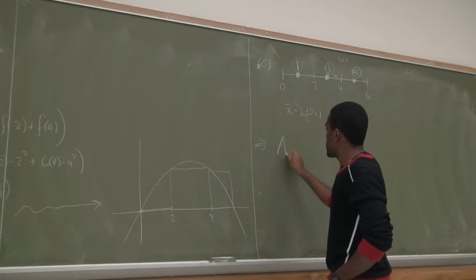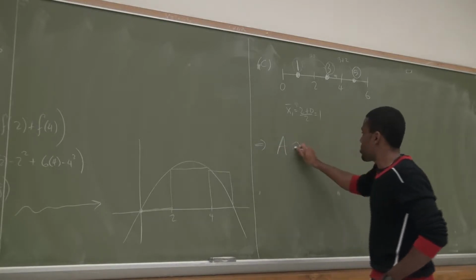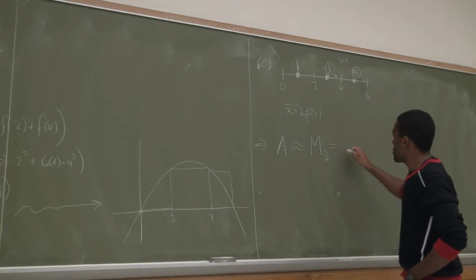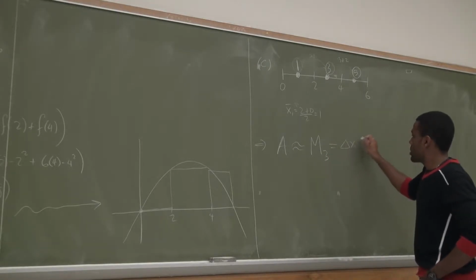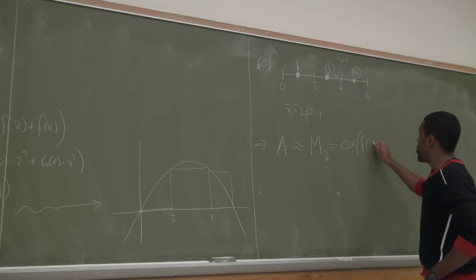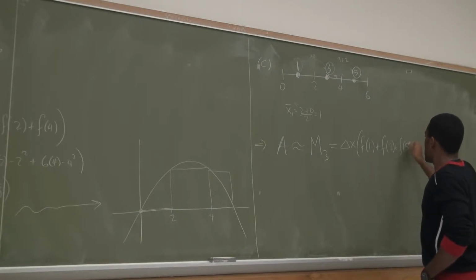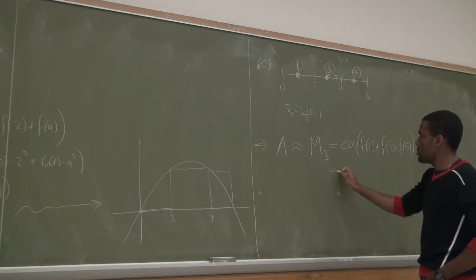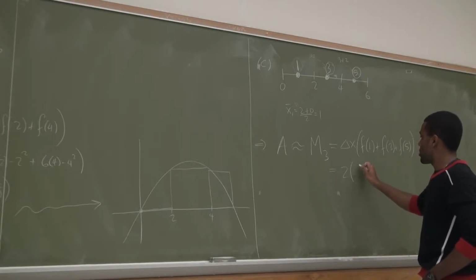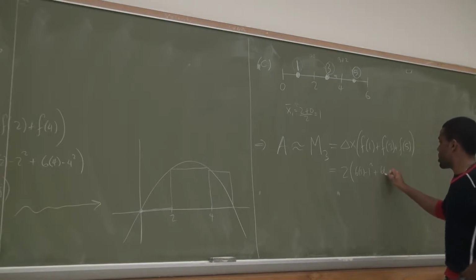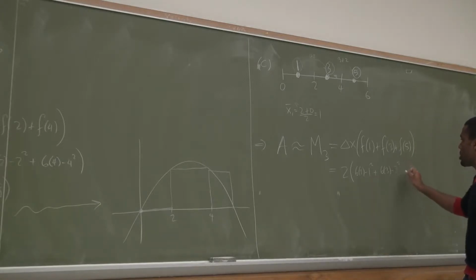This means, in this case, area is approximately equal to M3, delta x times f of 1, which is 6 times 1 minus 1 squared plus 6 times 3 minus 3 squared plus 6 times 5 minus 5 squared.